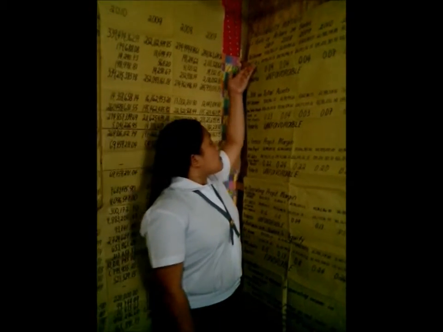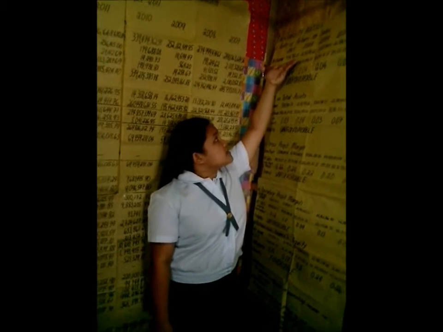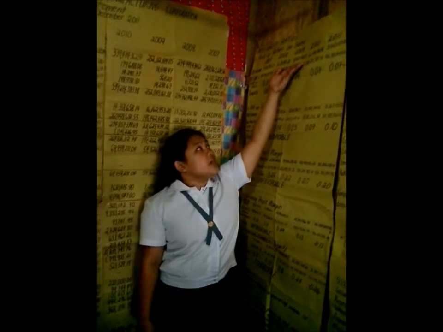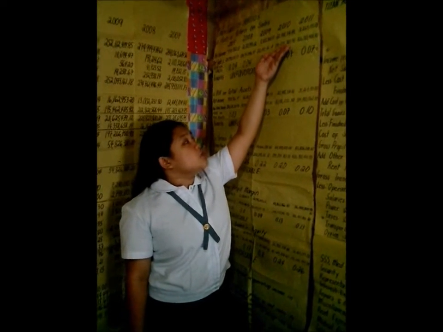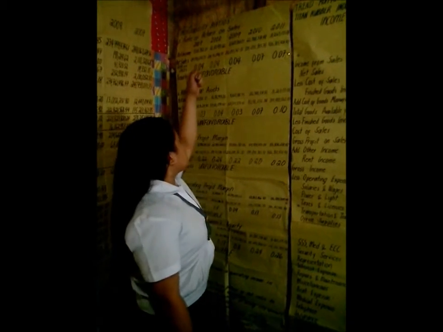So, the net income of the company is 9.5 million in 2007, 12.1 million in 2008, 8.8 million in 2009, 22.7 million in 2010, and 31.3 million in 2011.